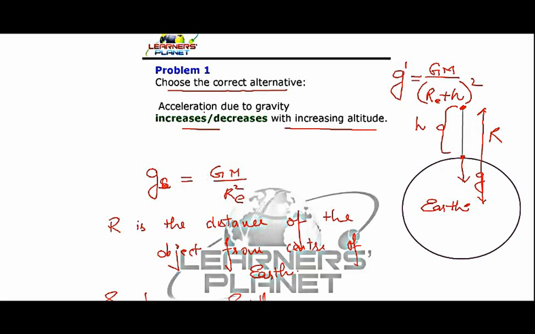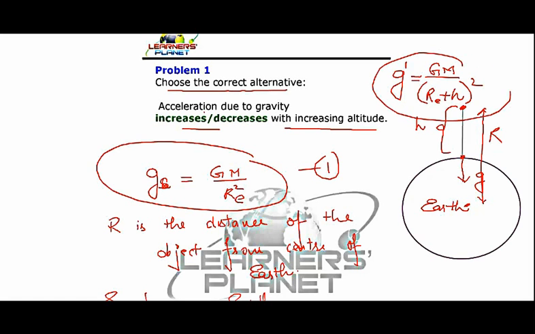Is this fine? So one thing is for sure, if you compare these two formulas, this is, let me say, equation 1, this is equation 2. Then from here itself we can see that as the denominator is increased, this term is going to decrease for sure. Is this fine? Yes or no friends?